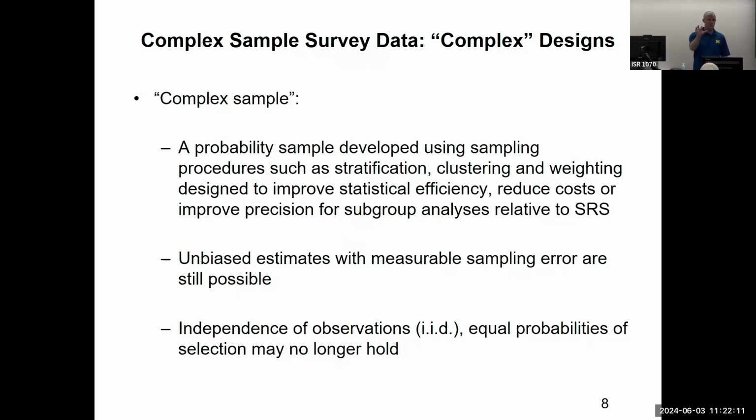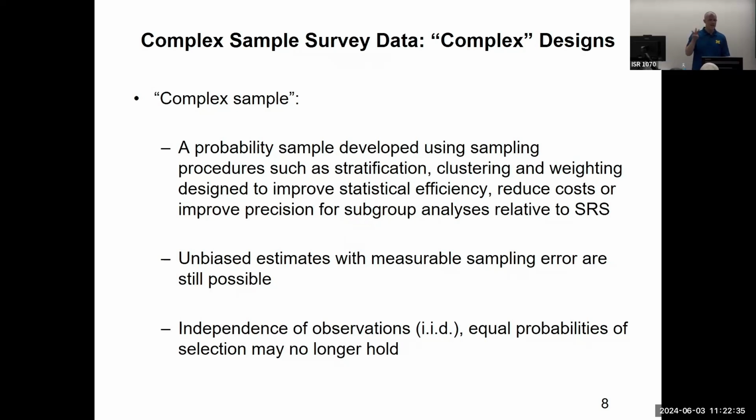Clusters may be selected with different probabilities. That gives rise to different probabilities of selection that need to be accounted for. There may be adjustments to weights for non-response. People have different probabilities of responding to the survey. All of that gives rise to different probabilities of being included in the data set. We need to make sure those different probabilities are accounted for via the use of weighting.